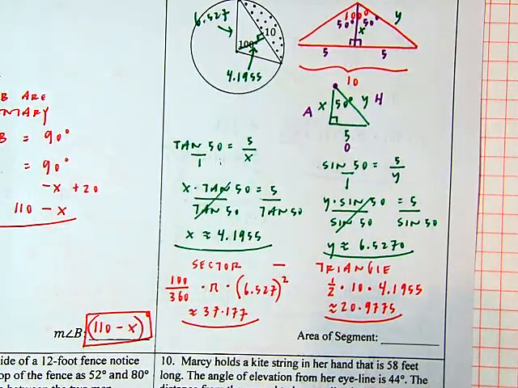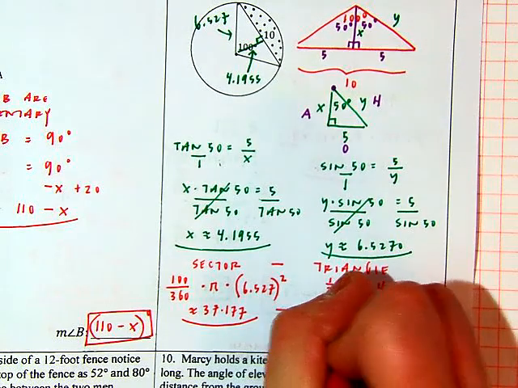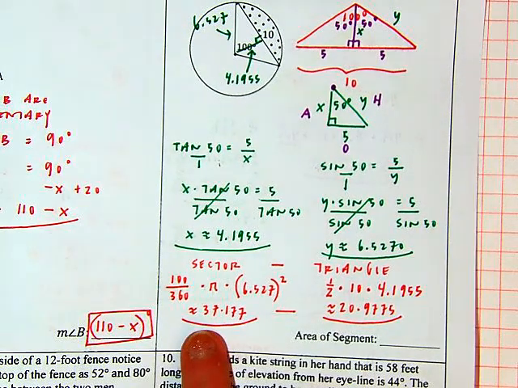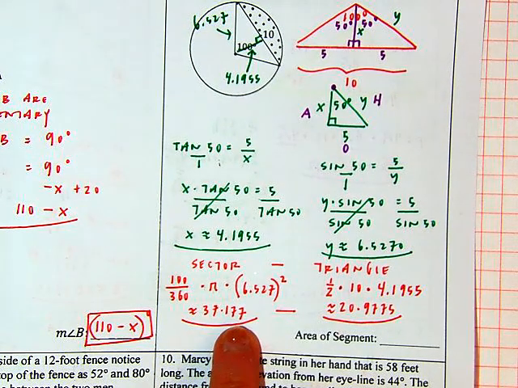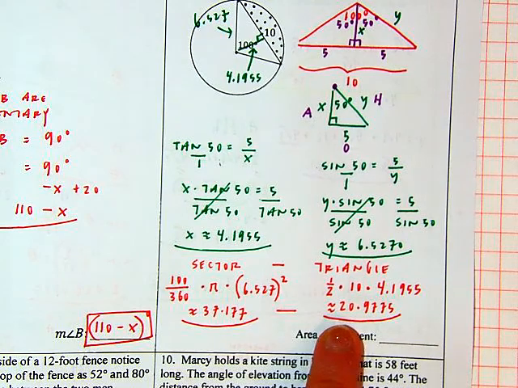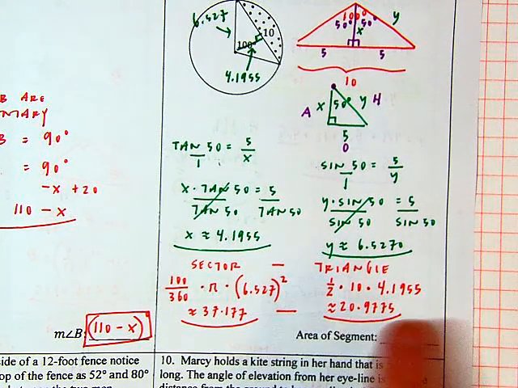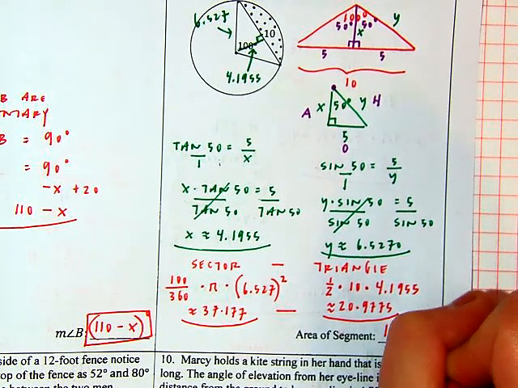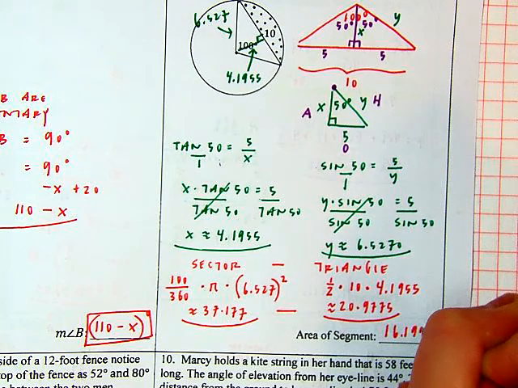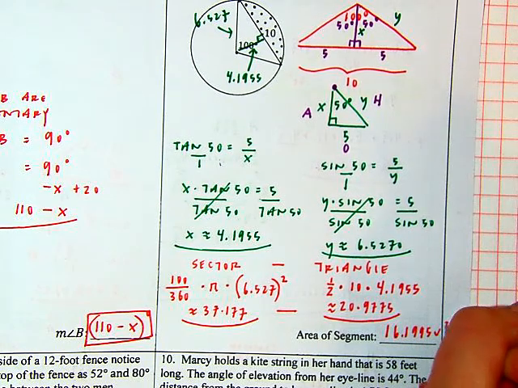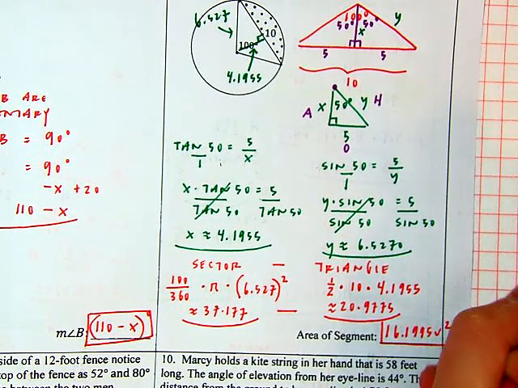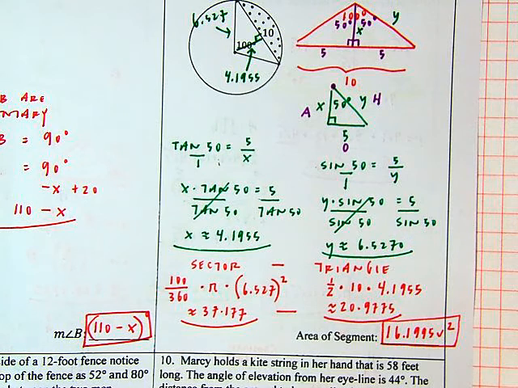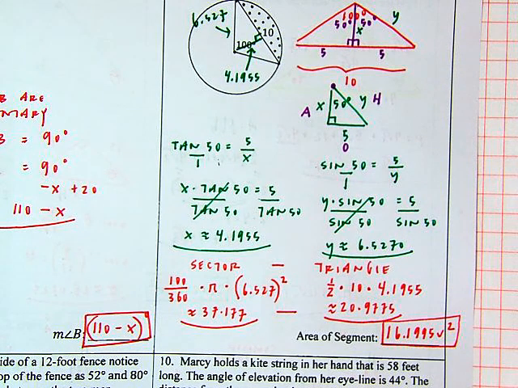All right, so then I have to subtract the two. So if I take my 37.177 and I remove the 20.9775, that's going to get me about 16.1995, and my units are squared. So again, that's building off of rounded intermediate steps.